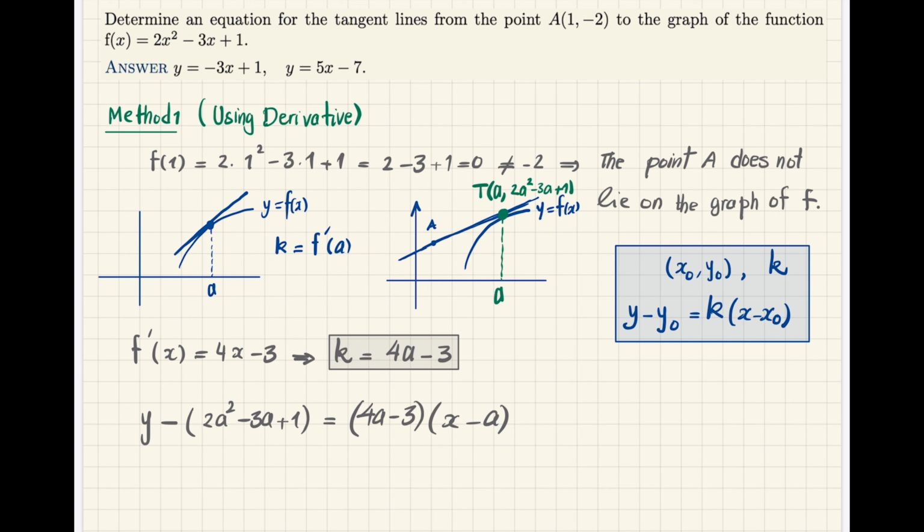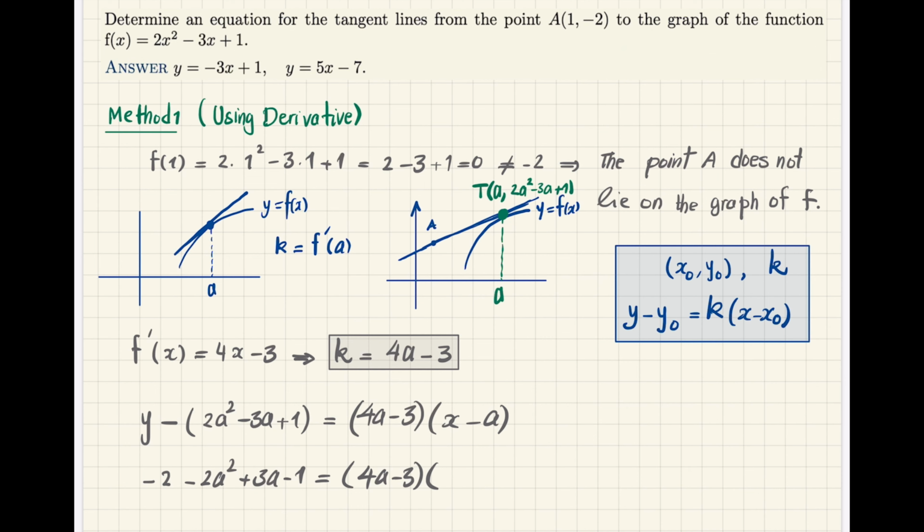I replace y with minus 2, and then of course here I can multiply this negative sign inside, so it becomes negative 2a squared plus 3a, negative 1. On the right hand side I have 4a minus 3, and I replace x here with the x coordinate. You need to know why we can do this: because this line is supposed to pass through this point.